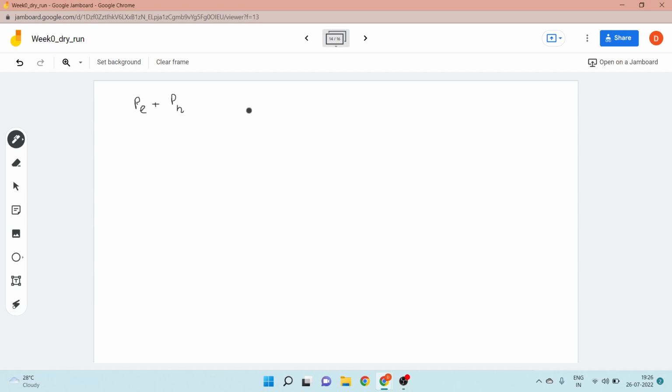For the eddy current loss, the equation is, here K is the coefficient of eddy current, then this is the magnetic flux, then this is the supply frequency, and this is the thickness, right?